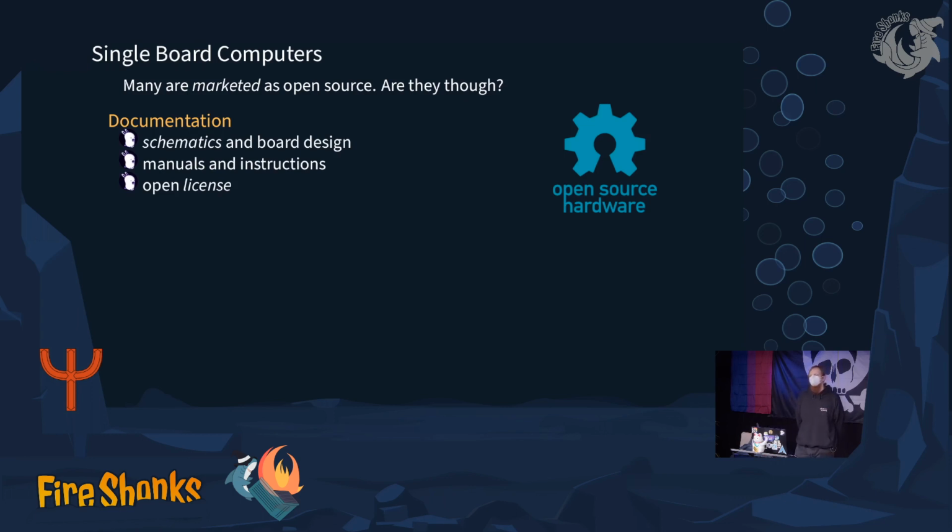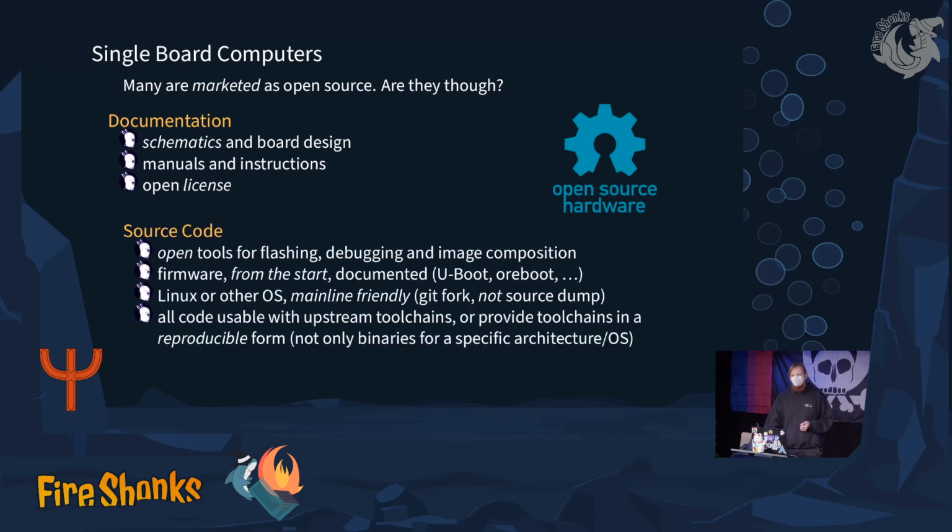For example, the Open Source Hardware Association put some thought into that and tried to find a definition of open source hardware. So it means that you need to have the plans for the computers. So which components are used and how do they play together? The whole design of the board is part of it. Manuals and everything, how to work with those devices from the beginning, and an open license. Those are the minimum criteria.